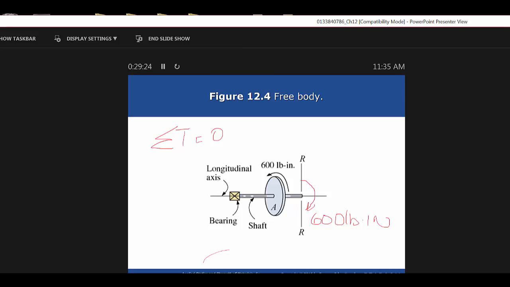Now let's see what else about this. Okay, so we figured out that that's 600 pounds-inches. Again, that's what has to resist between pulley A and pulley B. That's all you have built up in that. Okay, well, now what happens?